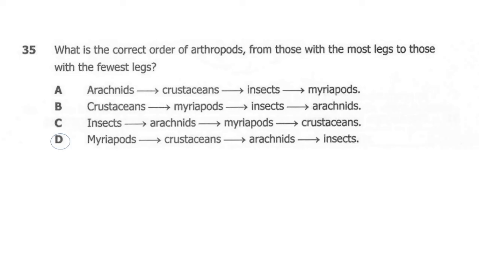Then the crustaceans have 5 pairs of legs, or 10 legs. The arachnids have 8 legs. Then insects have 6 legs. So we have arranged them from the highest to the fewest legs. The correct answer here is D. Well done, chat. We now move on to the next question.